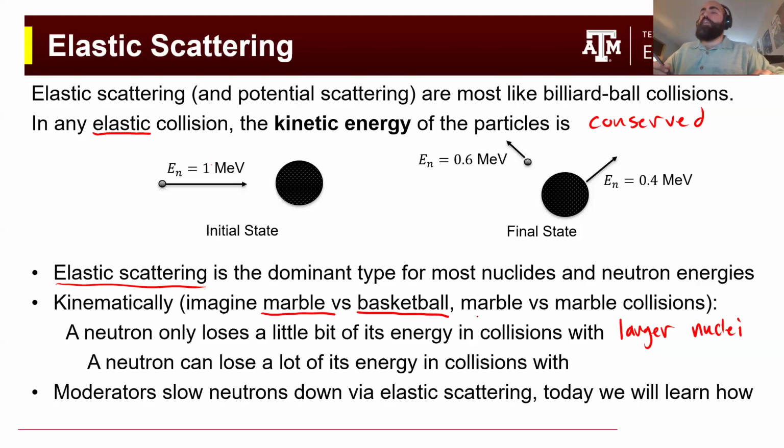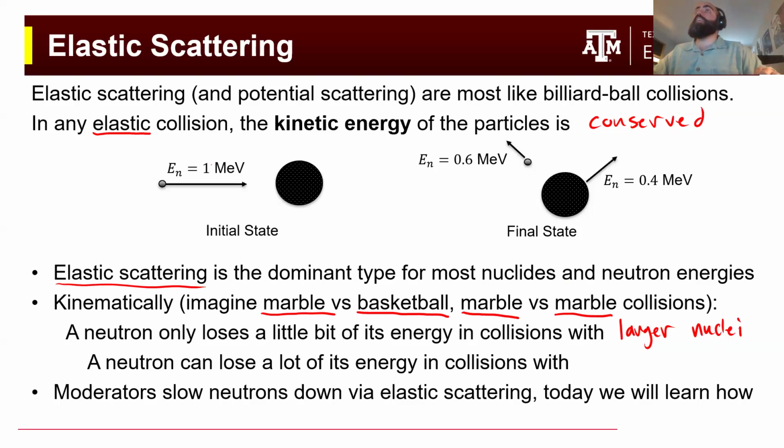But now think about a neutron as one marble and a hydrogen atom as the other marble, because a hydrogen atom and a neutron are of similar mass and similar size. If one marble is stationary and I throw the other marble at it, they're both going to bounce off each other, and both will have a comparable amount of energy after the collision.